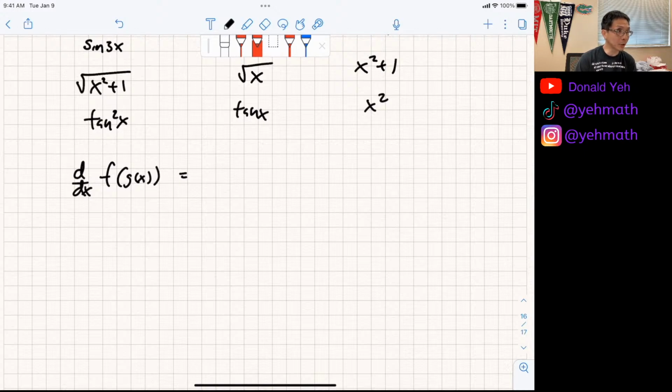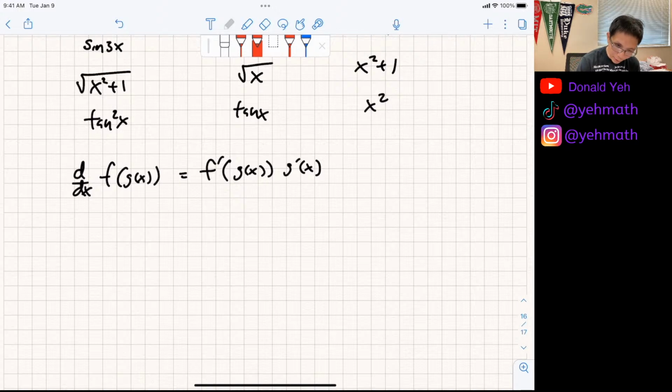You take the derivative of the outer layer, keep the inner layer still inside, and multiply by the derivative of the inner layer. So it's f prime of g of x times g prime of x. That is the chain rule.